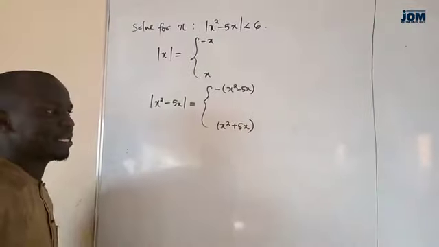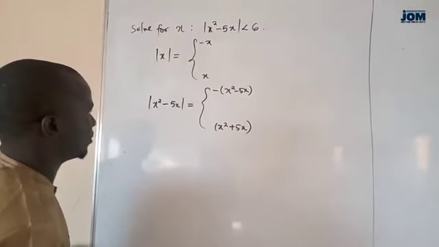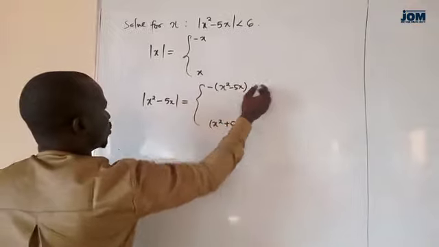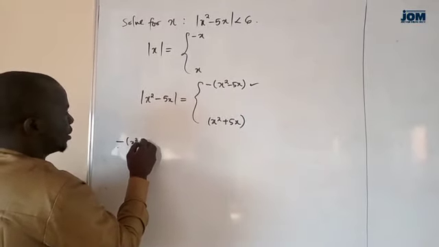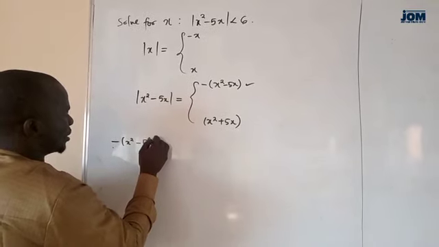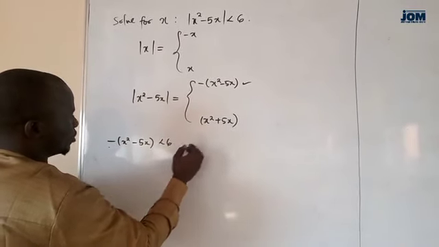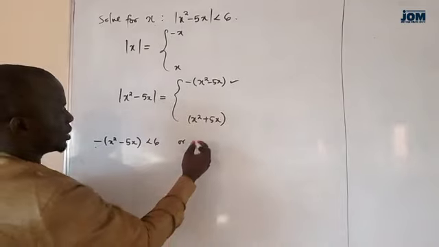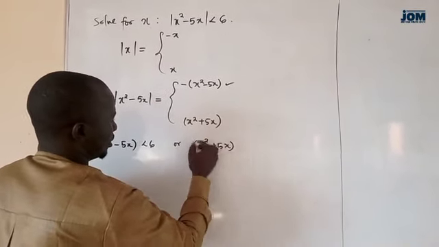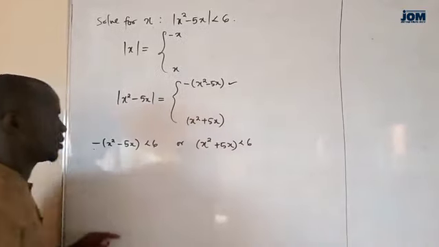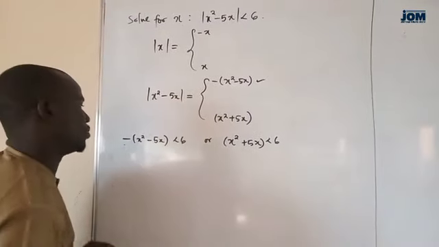So each of them will be less than 6, and let us see how the results will be. If we take the first one here, minus (x squared minus 5x) is less than 6, or we go with this, x squared minus 5x is less than 6. So now we have to solve these two individually.